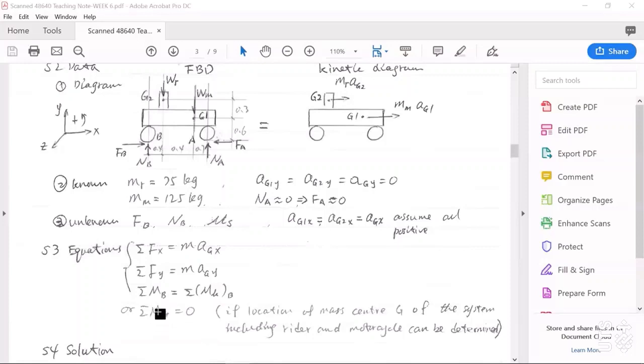And here, is it possible for us to select the mass center point G of this system consisting of the rider and motorcycle to calculate the rotational component?